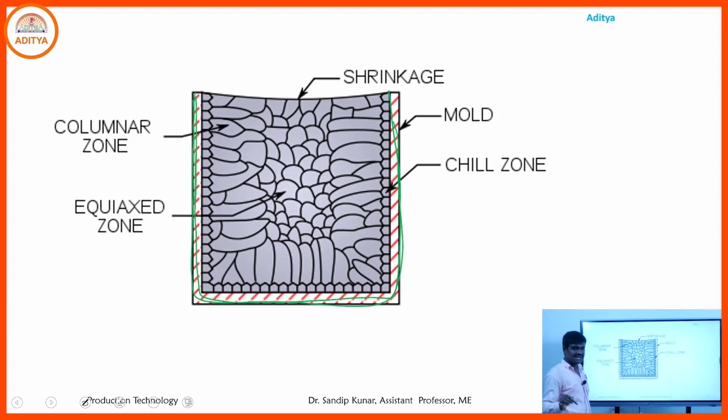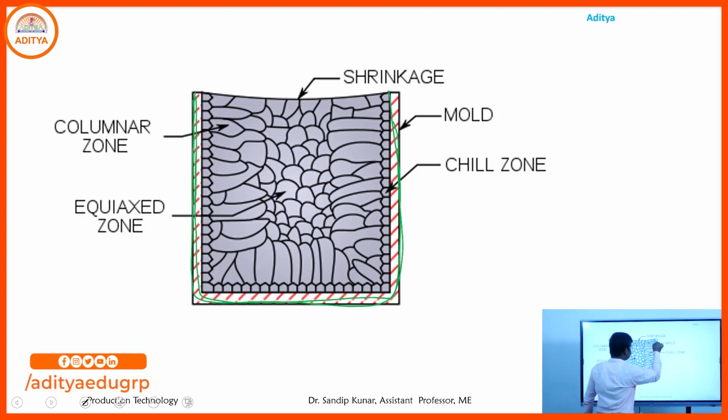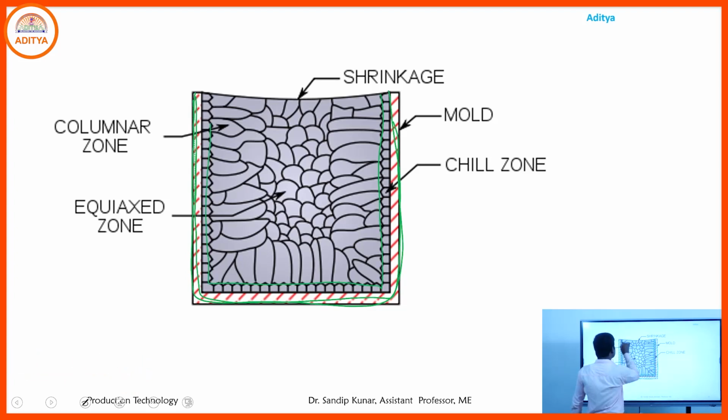After heat extraction through the mold surface, a chill zone will be formed throughout the mold surface, because heat will be extracted from the mold surface first. Then after again and again heat extraction, what happens? Now the columnar zone will be formed.